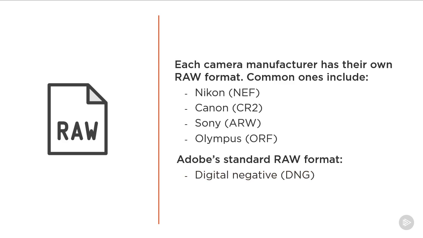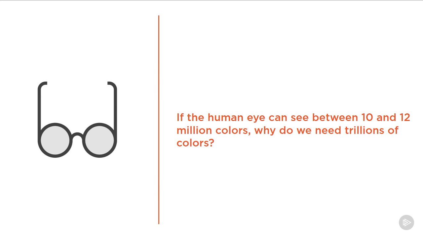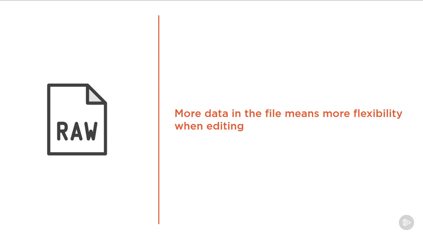Now, if the human eye can see between 10 to 12 million colors, why do we need trillions of colors in our photograph if our eye isn't even going to be able to see them? Really, the reason is because of flexibility. Now, in the previous lesson, we saw a perfect example of this when we started to adjust the colors of a sky.